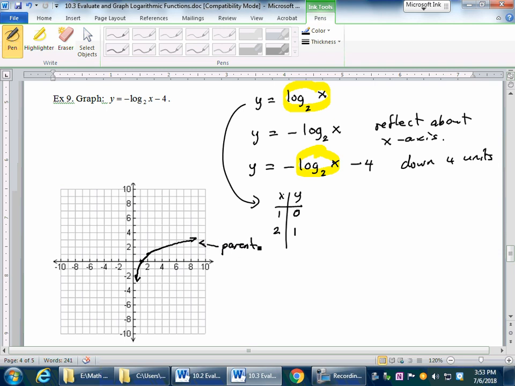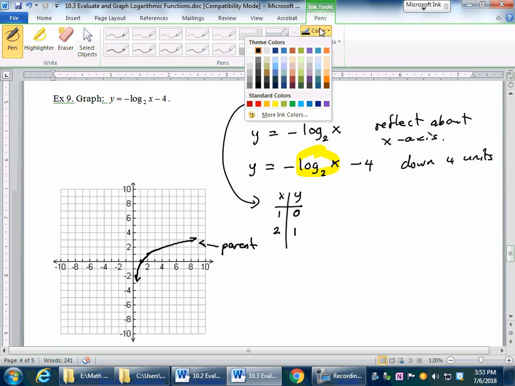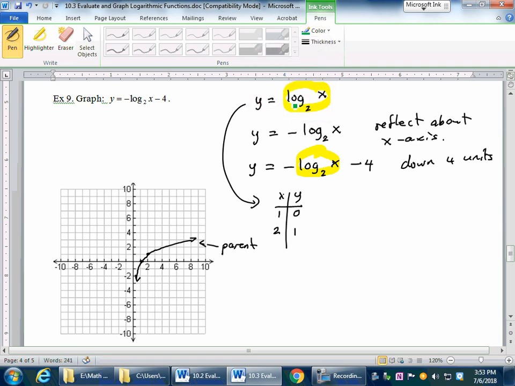Now we're going to do the transformations. First, reflect about the x-axis and then shift down 4 units. Since this graph is shifting up and down only, not left and right, the vertical asymptote doesn't change. My vertical asymptote will still be at x equal to 0 in this case.